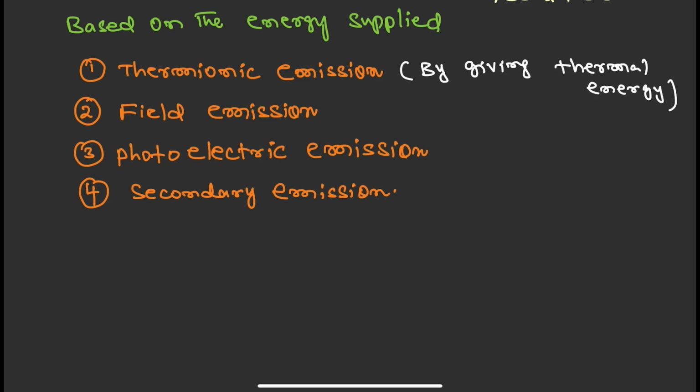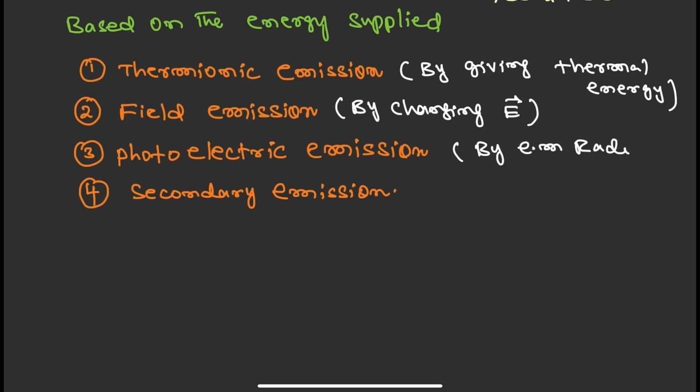The next one is field emission, by changing the electric field continuously, a strong electric field. And photoelectric emission is by electromagnetic radiation.